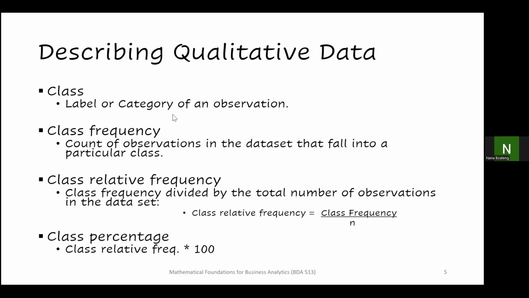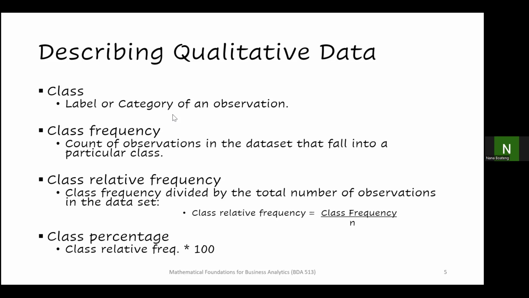Yeah, so let's look at the ways we describe qualitative data. It could be in terms of class. We could look at it from the perspective of class frequency, class relative frequency, or class percentage. We will have a look at all of them in detail.